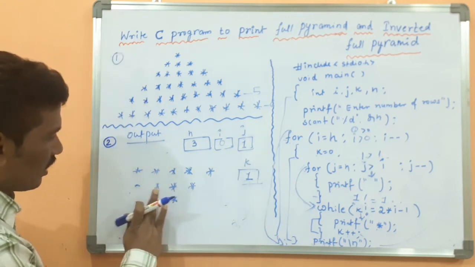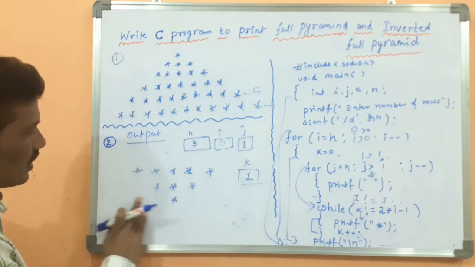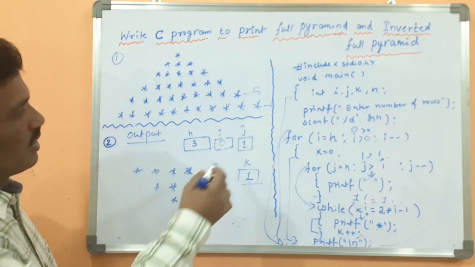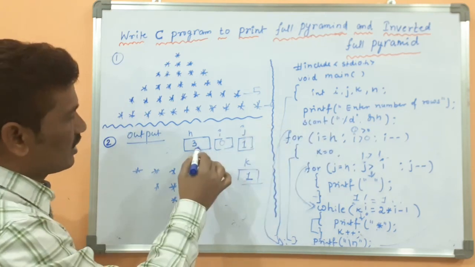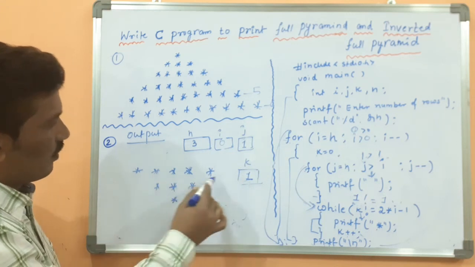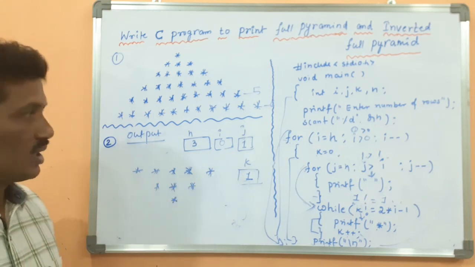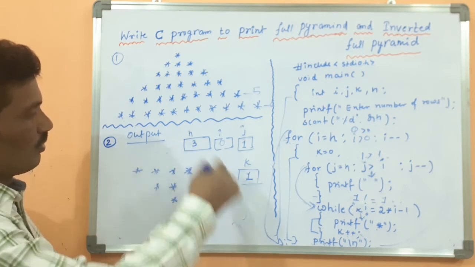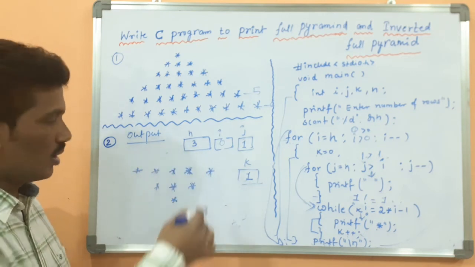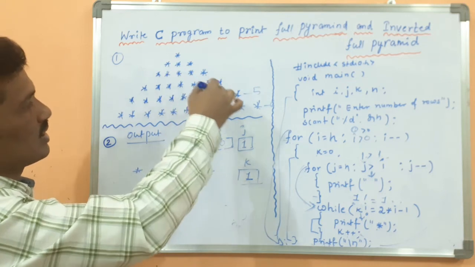Just I am erasing these icons. What is the number of rows value? 3. 1, 2, 3. 5 stars should be displayed, 3 stars will be displayed, then 1 star should be displayed. It is the shape of an inverted pyramid. This is 3 rows.